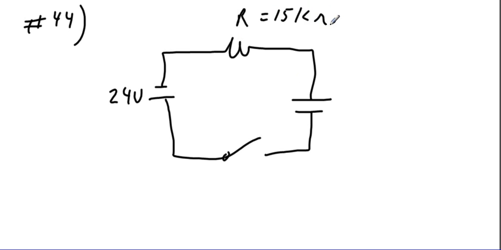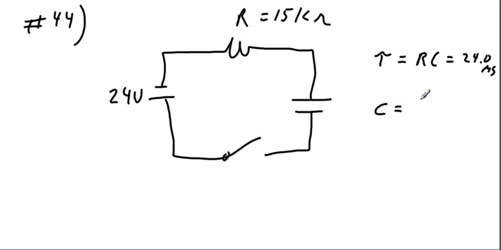15K ohms, and we know the time constant. Time constant is RC, which is also 24.0 microseconds. Okay, well, from the time constant, we can figure out what the capacitance is.